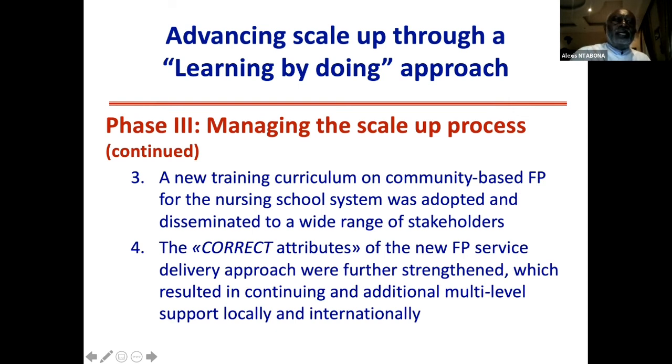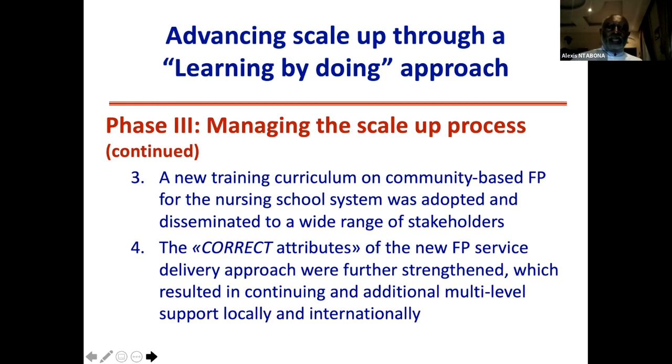In particular, the focus was on seeing how this innovation will really be easy to install in the nursing school system, but also whether it will present a relative advantage to use this as part of the service delivery model. And this needed to be kept as much as possible because that is what we are using for advocacy for continuing and additional multi-level support locally and internationally.